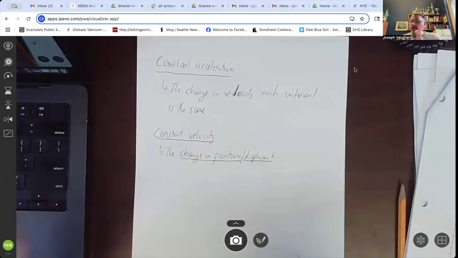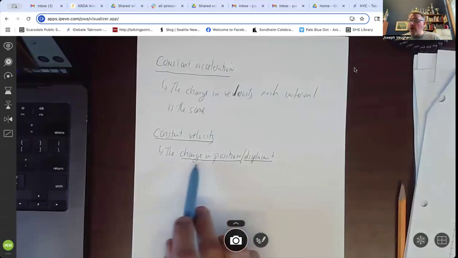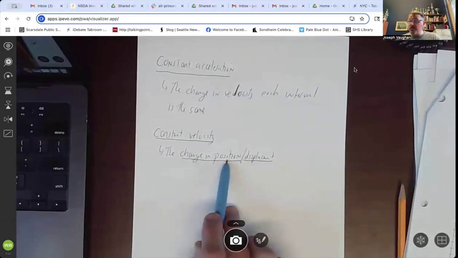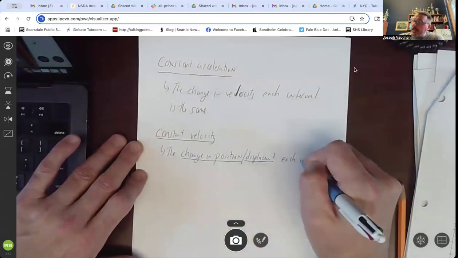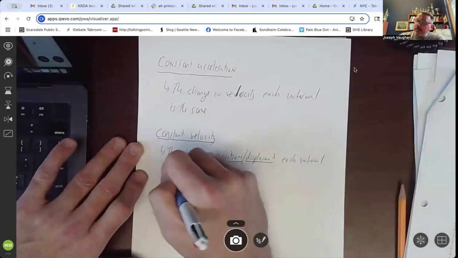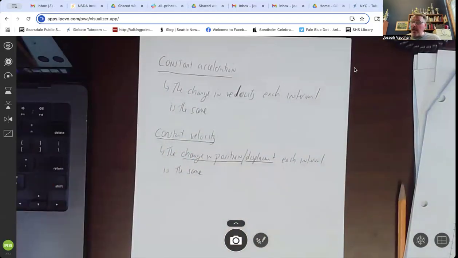And by the way, change in position is displacement. So I'm not saying the change in position or the change in displacement. I'm saying the change in position or the displacement each interval is the same. Okay, that's what we said about constant velocity.